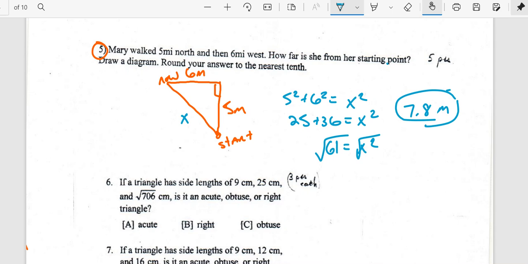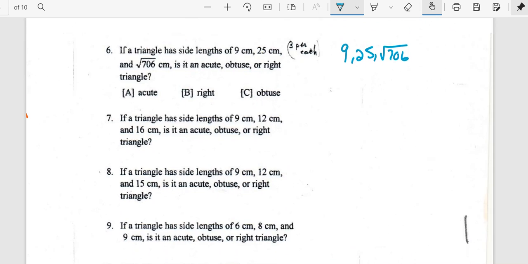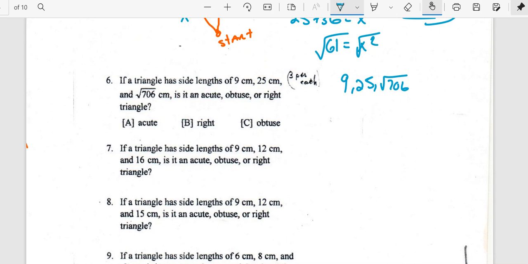Number 6, it says a triangle has sides of length 9, 25, and the square root of 706. Is it acute, obtuse, or right? So we got 9, we got 25, and we got the square root of 706. First thing you should ask yourself is which one of these sides is C. To figure that out, take your calculators and do the square root of 706.